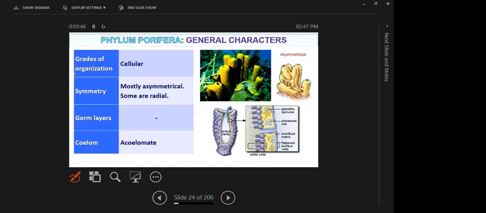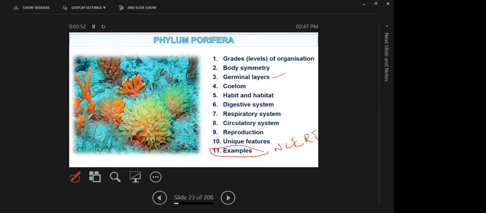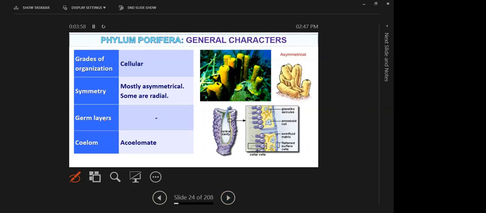So what is the level of organization? This is all you need to know for each one of them. Level of organization in Porifera: cellular level. Symmetry: mostly asymmetrical, but there are many which are radial symmetry. They are sessile, which means they do not have locomotion.